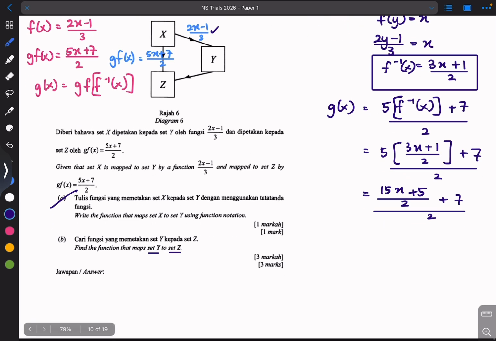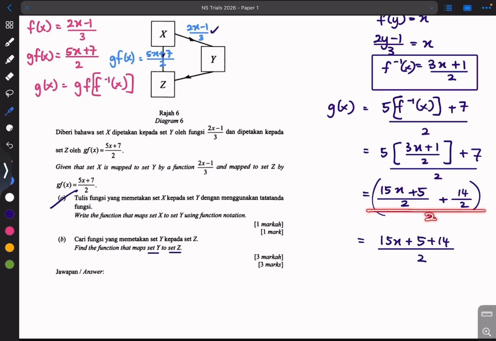So here we try to simplify the top part first. So here this 7 is basically 14 divided by 2. So you can say 14 divided by 2. And then the top part, since the denominators are now same, you can say 15x plus 5 plus 14 divided by 2. And then the whole thing divided by 2.